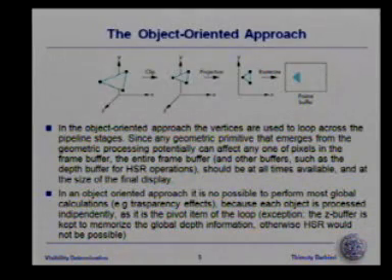In an object-oriented approach, most global calculations, for example transparency, cannot be performed because you process each object independently. You start with one vertex or with one polygon. You process, you write in the frame buffer. Next vertex, you process, you write in the frame buffer.